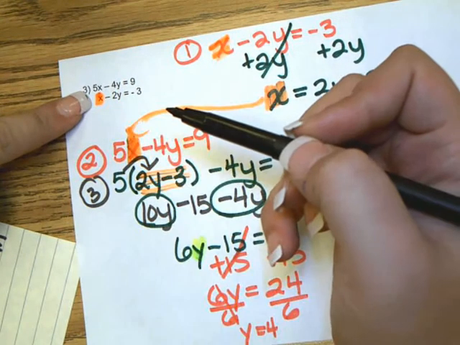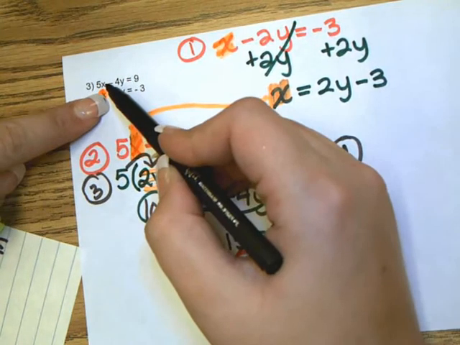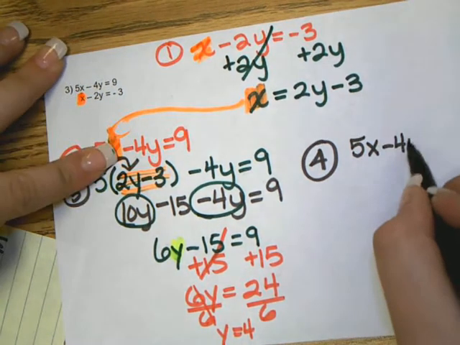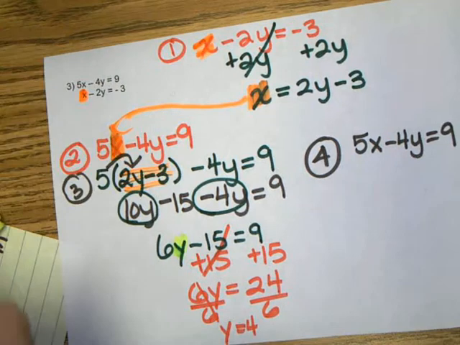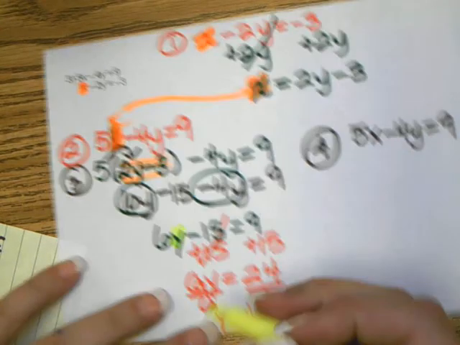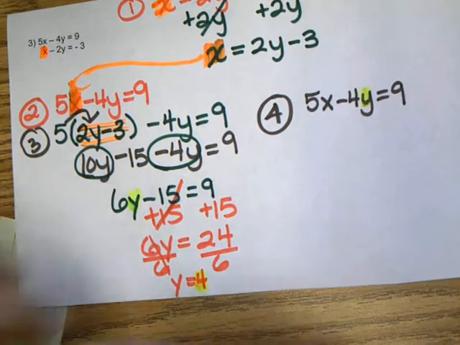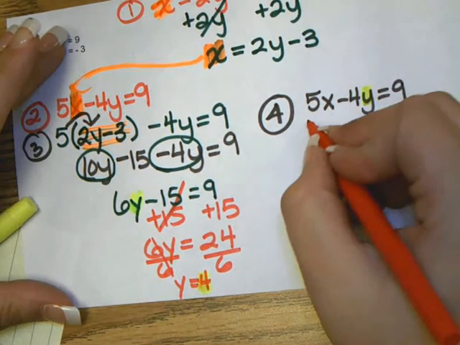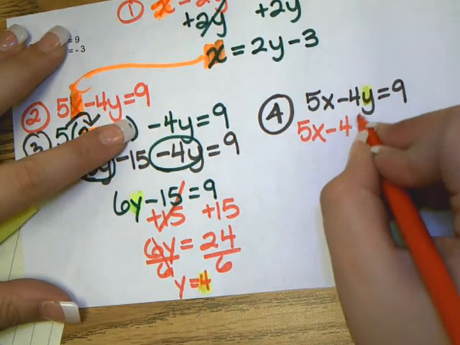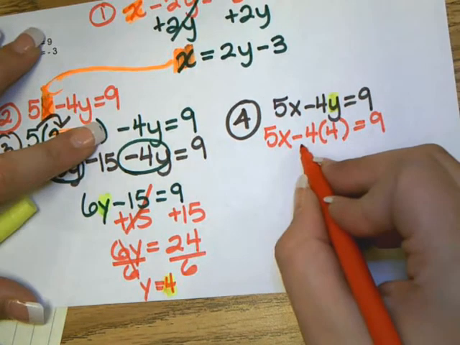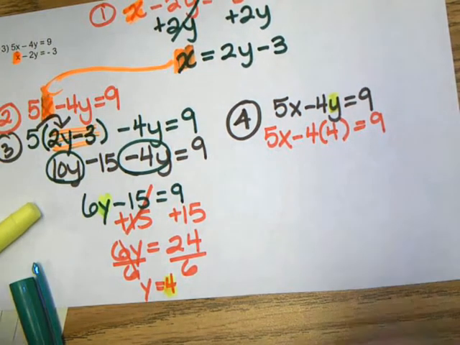Okay, now we're on to the very last step, step 4. Step 4 means go back, pick one of these, it doesn't matter which one. So I'll go with the top one. And we know what y is right here. Y is 4. So instead of y, I'm going to put in 4.